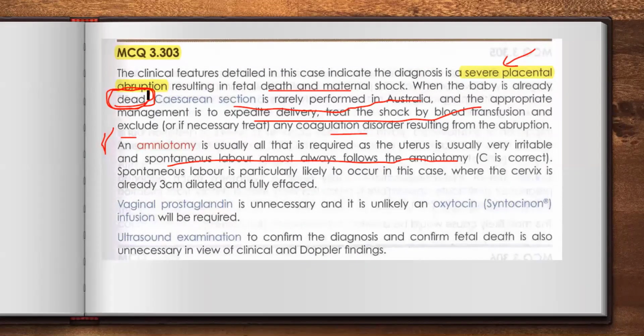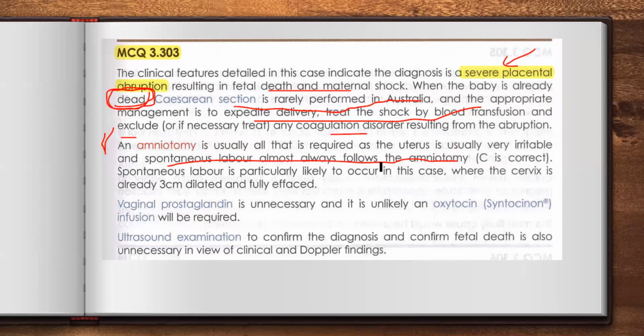According to your handbook, it's obviously a severe placental abruption resulting in fetal death. When the baby is already dead, cesarean section is not needed. An amniotomy is usually all that is required, as the uterus will be very irritable at this time. You don't need to give prostaglandin to ripen it.